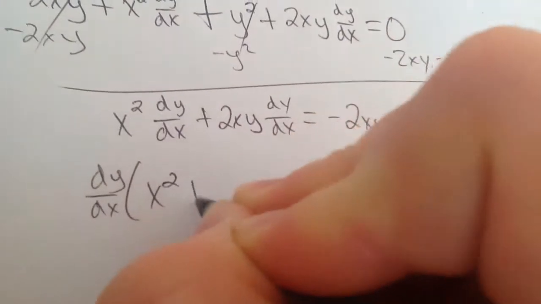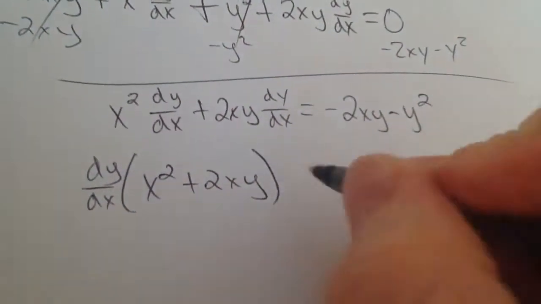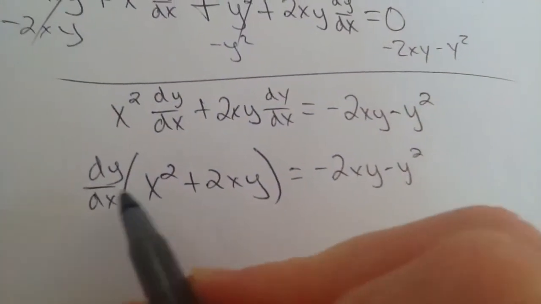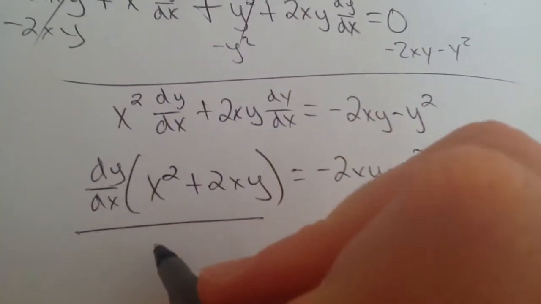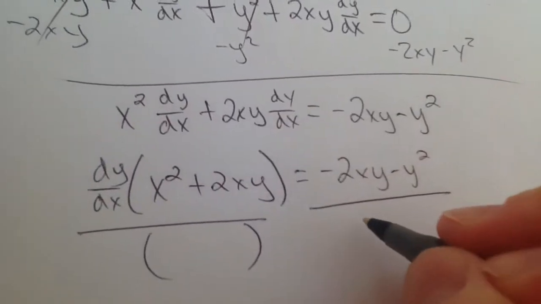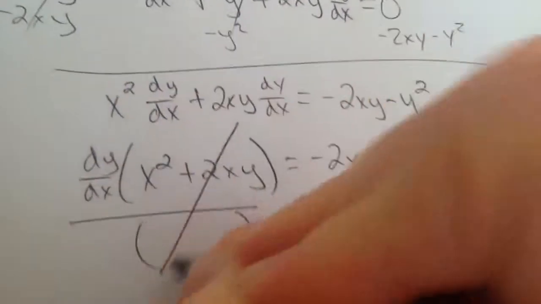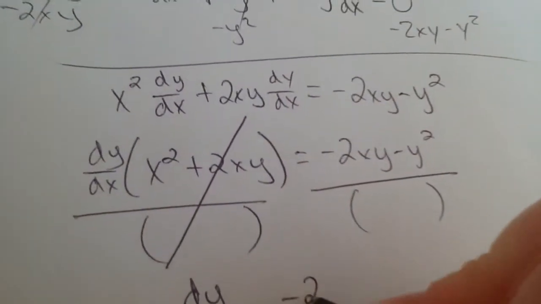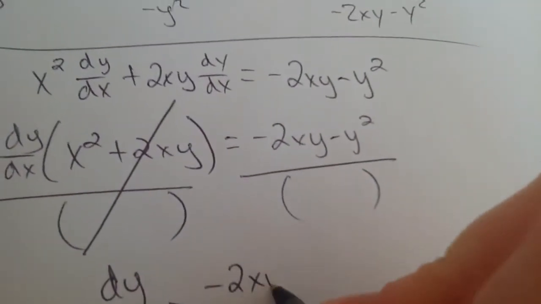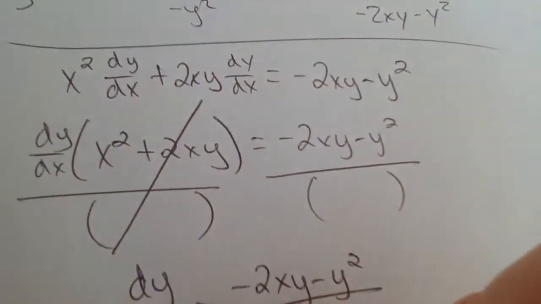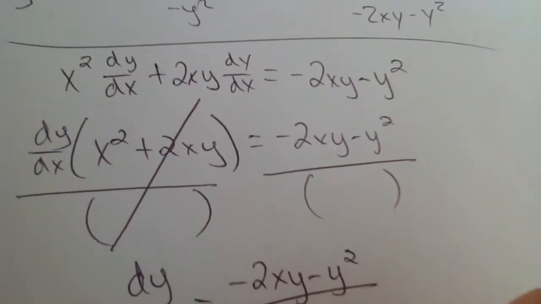So I got dy/dx times x squared plus 2xy equals negative 2xy minus y squared, and now divide by that. So your answer, dy/dx, equals, remember it's negative 2xy minus y squared, divided by what we divided by, x squared plus 2xy.